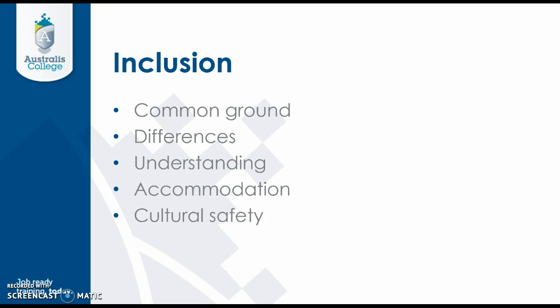It's not just something that happens, it's something you have to do to make something happen. I've put together a couple of examples of how you can encourage inclusion either by yourself or with your team.